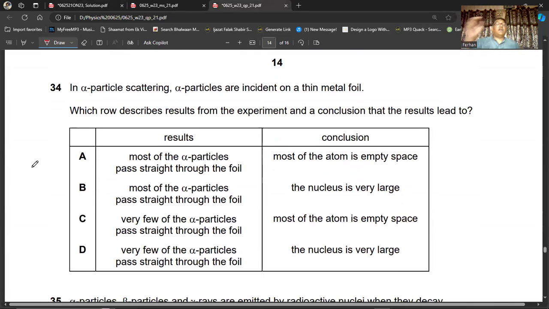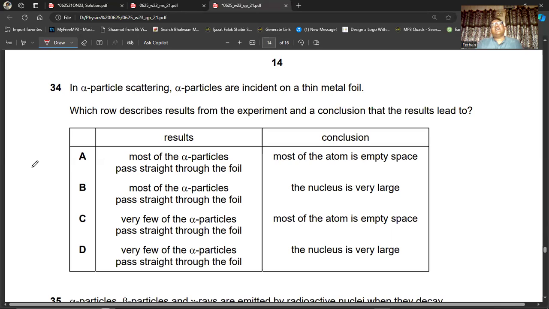Question number 34. In alpha particle scattering, alpha particles are incident on a thin metal foil. Which row describes results from the experiment and a conclusion that the results lead to? So they are talking about the alpha particle scattering experiment, which we call the Geiger and Marsden scattering experiment, in which they discovered the nucleus.